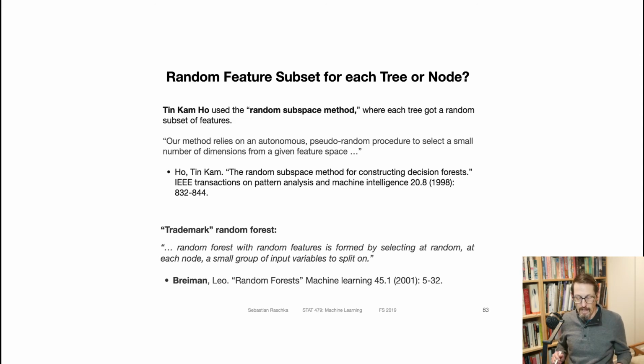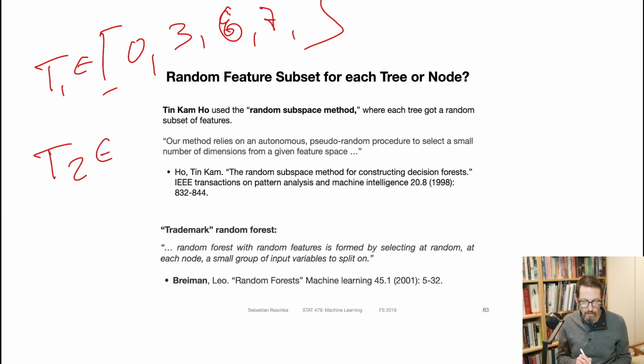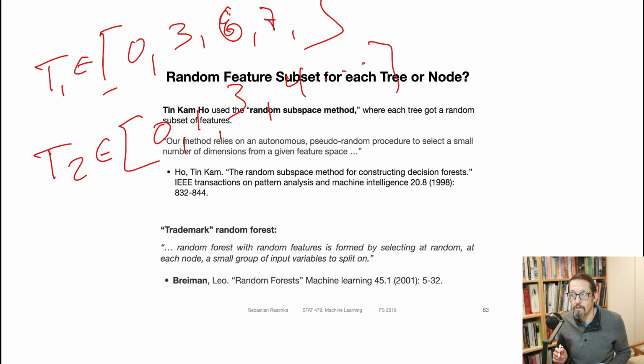So tree 1 gets the features, that's probably the wrong notation, but we'll go with it, 0, 3, 6, 7, etc. And tree 2 is going to get the features 0, 1, 3, 4, blah, blah, blah, each one being a random assignment.